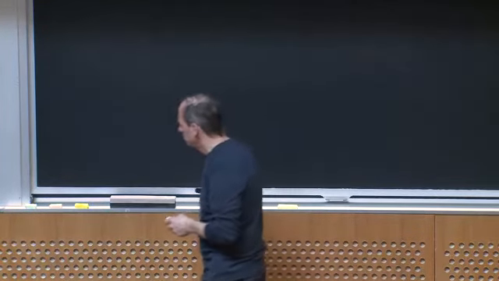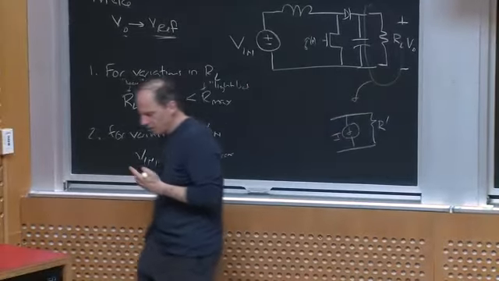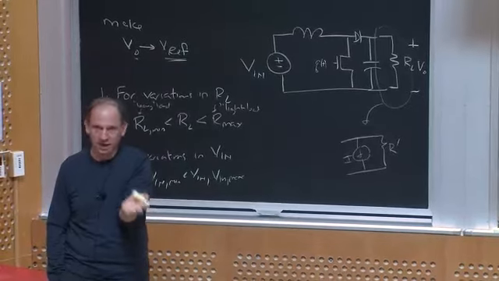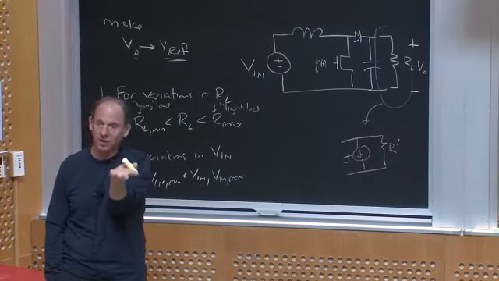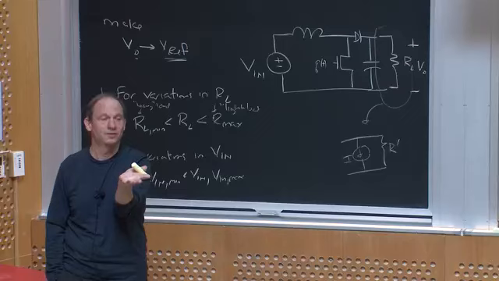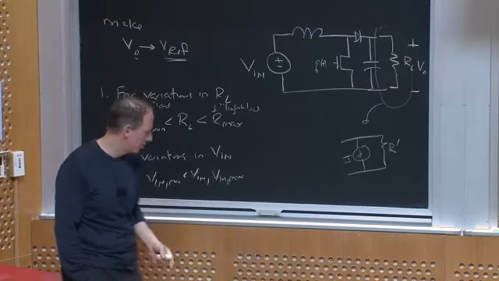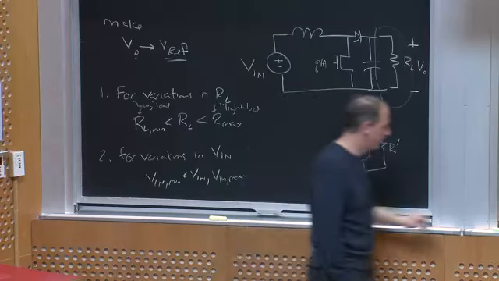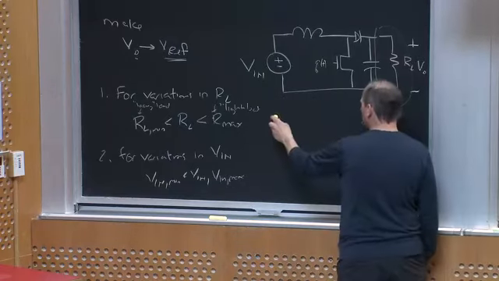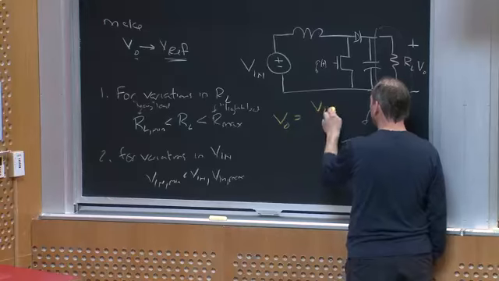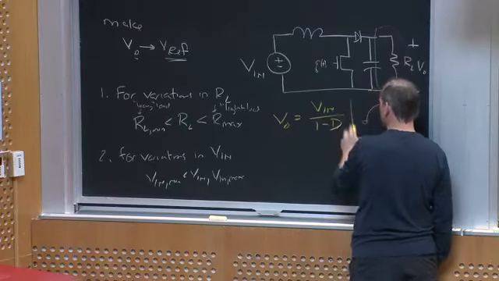Now, so far we've spent a lot of time talking about steady state operation, right? And that's usually the first thing I look at, because it tells me, when things are sitting at some place, some load resistance, some input voltage, what's it going to do? And we said for the boost converter, Vout is equal to Vin over 1 minus D, right?